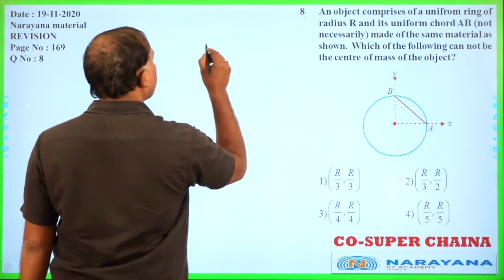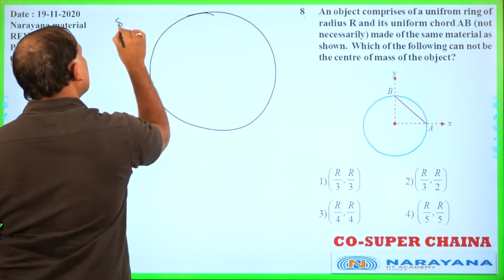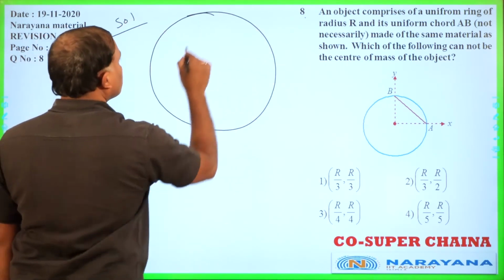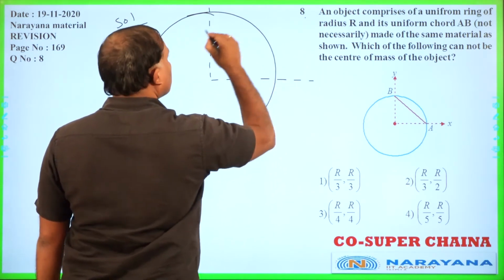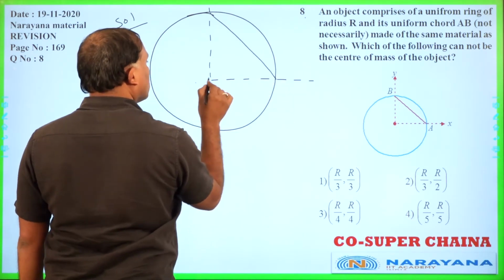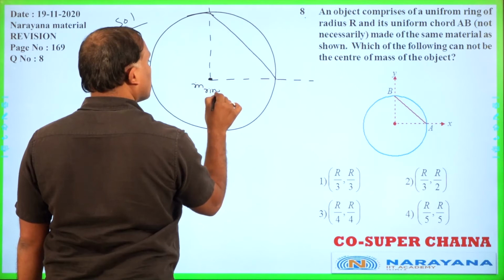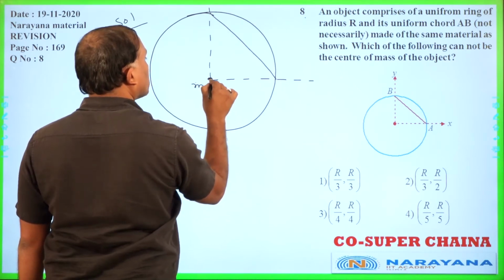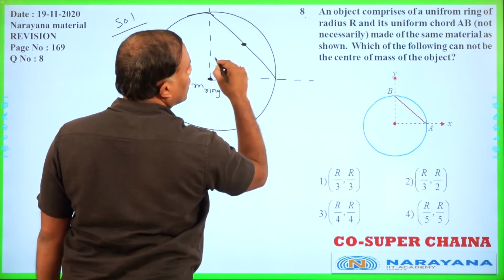See here, for example, the solution you can see. This is the rod. This is the total mass of ring, mass of ring is here, and here it is mass of chord.